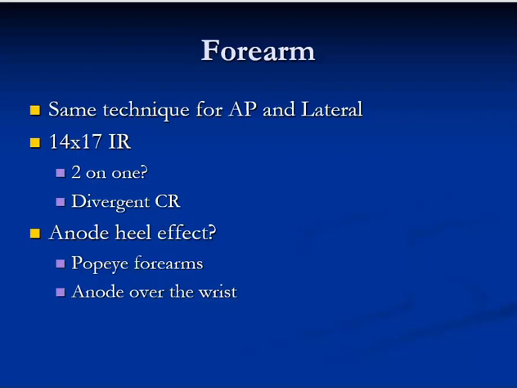So what they'll do is shoot the AP with their hand down this way, and they'll say, okay, patient can't reach across, so I'm just going to turn the image receptor around and shoot the lateral, so that on the AP, the hand is at this end of the image receptor, and on the lateral, it's at that end of the image receptor. And nothing will drive your radiologist quite as crazy as having to do the mental gymnastics of turning the image around in his head. It's really kind of a petty thing, but you don't want to be chewed out for something petty. So consider which one you're going to shoot first, and make sure that the hands are at the same end of the image receptor.